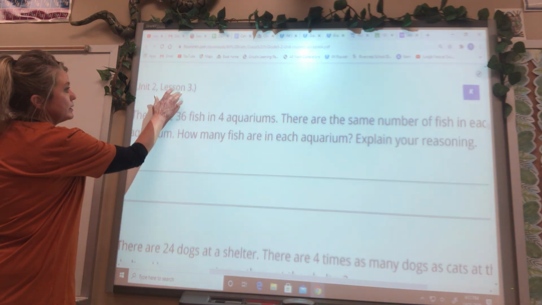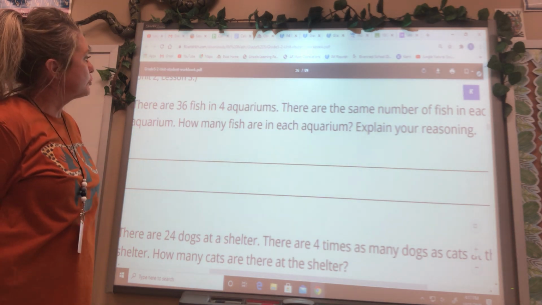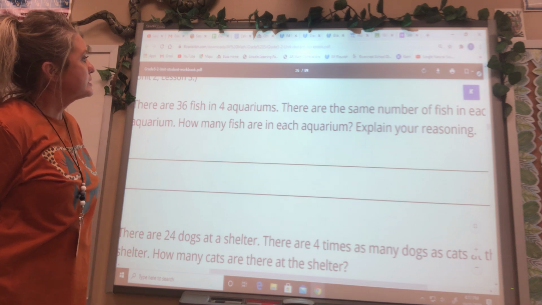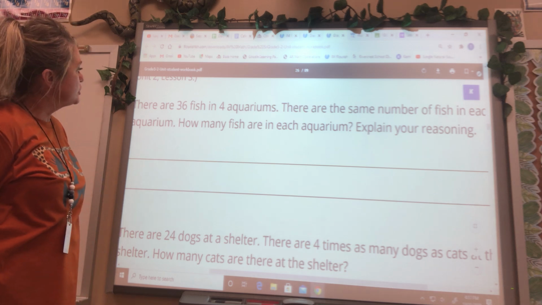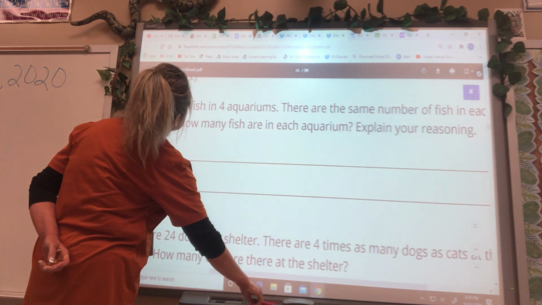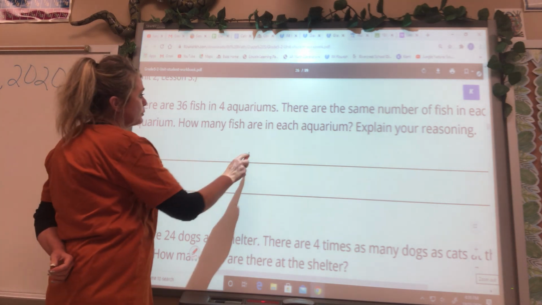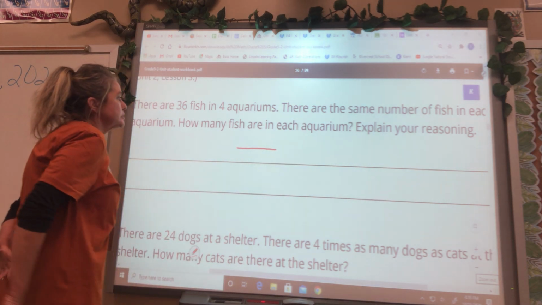This one, there are 36 fish in 4 aquariums. There are the same number of fish in each aquarium. How many fish are in each aquarium? We know from previous ones that it's going to be as a fraction.